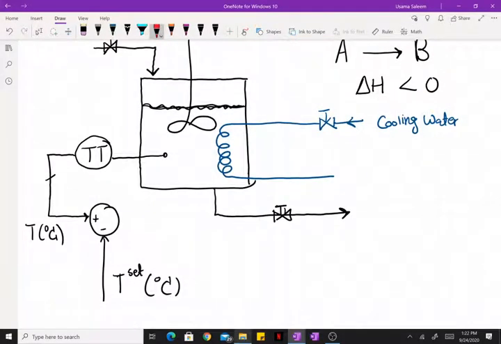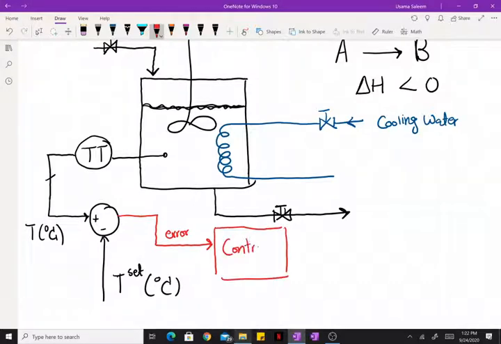Now the subtraction of these two values is going to generate an error term. And this error term is going to be operated on by a controller. A controller is basically going to be a computer that is going to take an action based on the value of error.